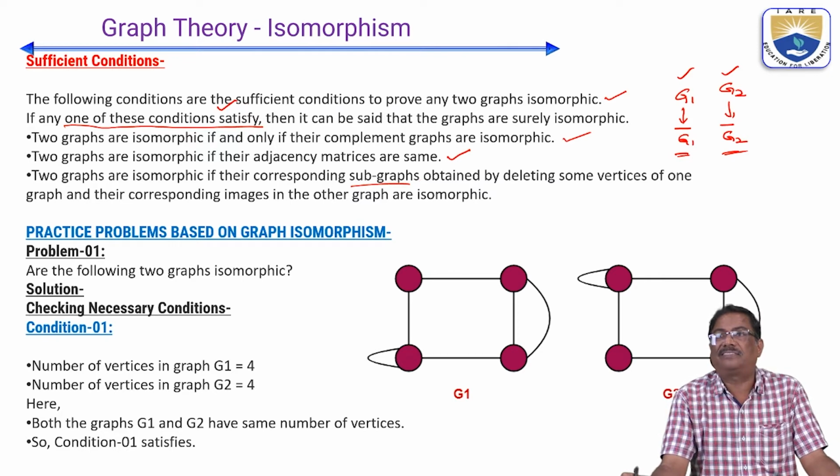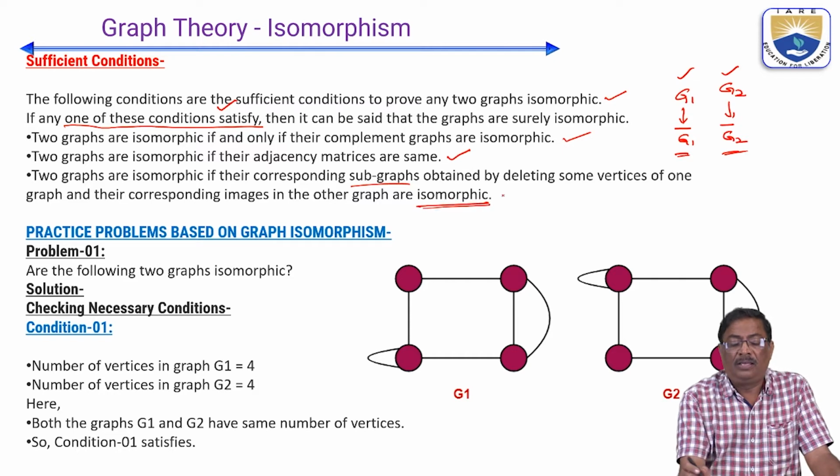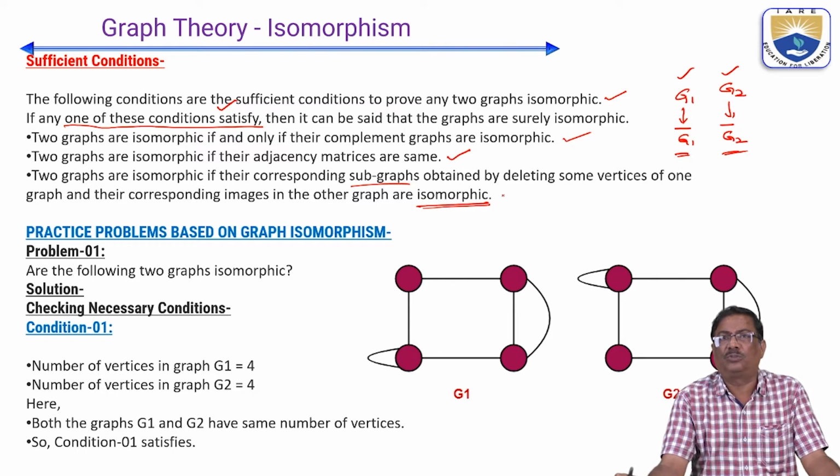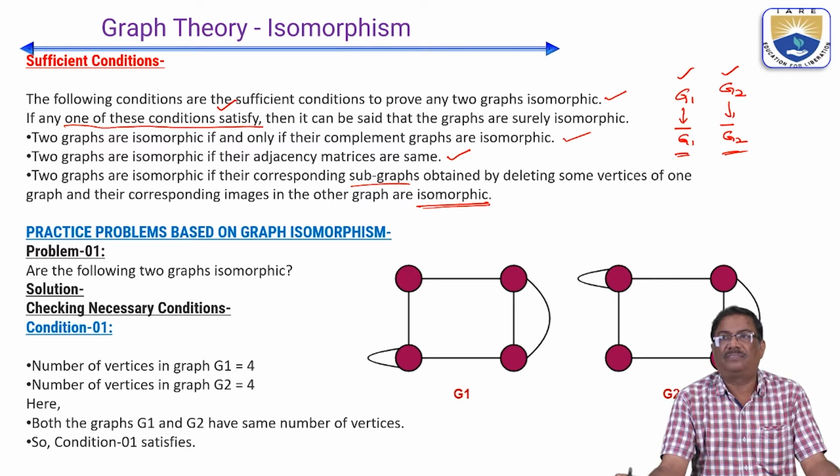Two graphs are said to be isomorphic if their corresponding subgraphs obtained by deleting some vertices of one graph and their corresponding images in the other graph are isomorphic. So these are the sufficient conditions.